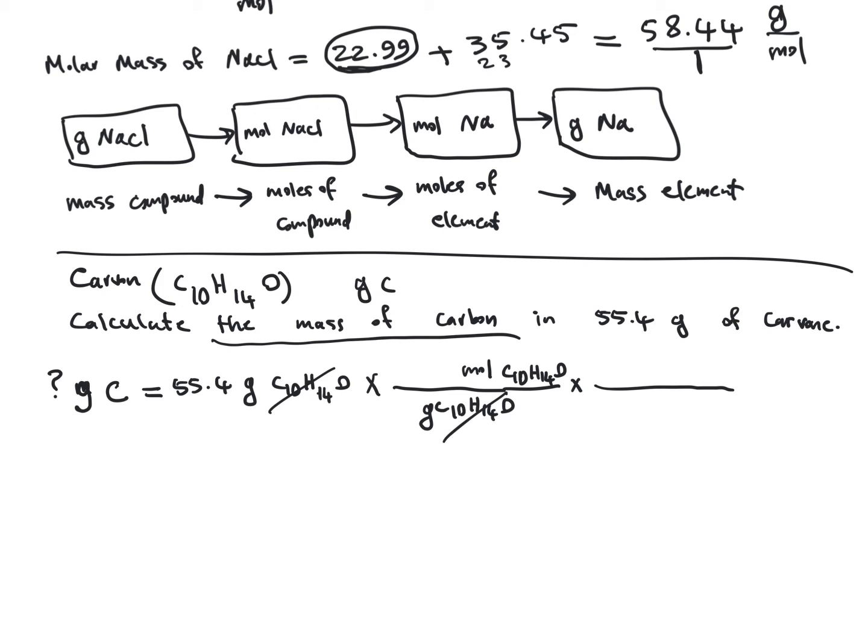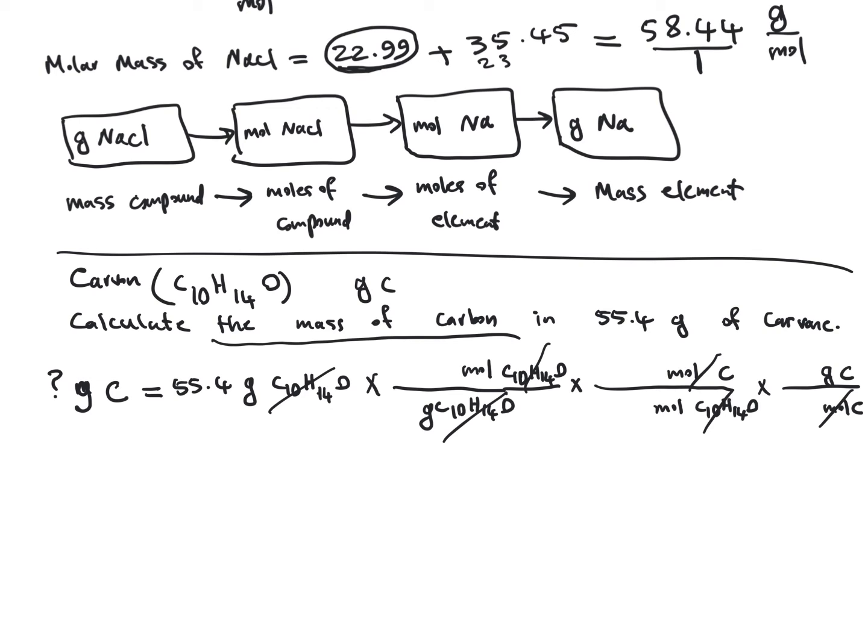Right? And then you want to convert it to moles of carbon. So you just write moles of C10H14O to moles of carbon. And then finally, you have moles of carbon to grams of carbon. So this is your solution map.